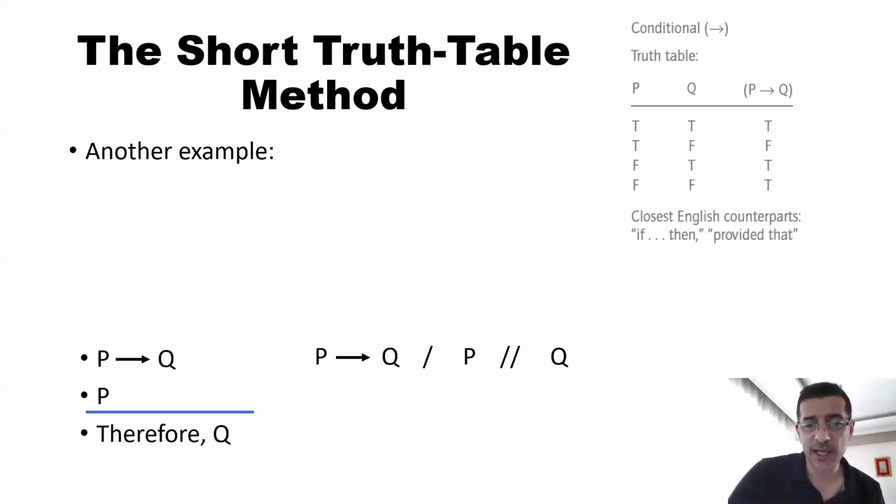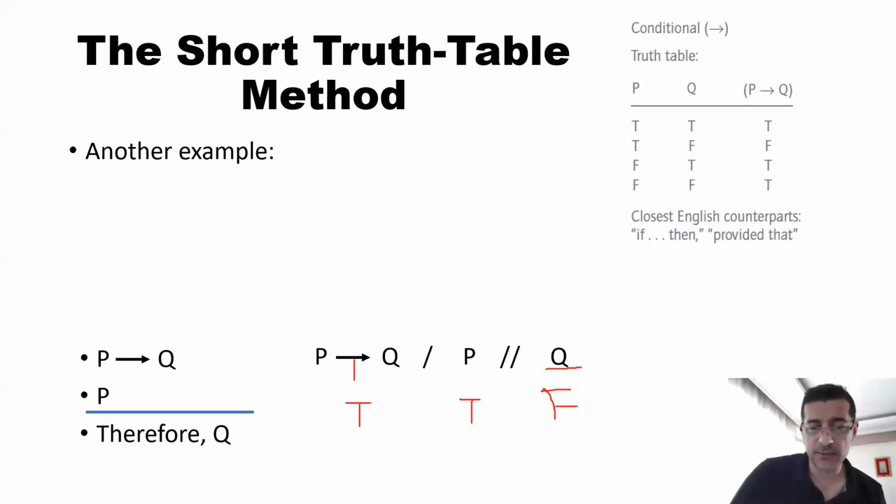So it's almost the same thing, except that here I have to prove that Q is false. So we know that for this argument to be invalid, I should have true premises. So I'll have to write T here, right? And here for this operator, I'll have to have T too.